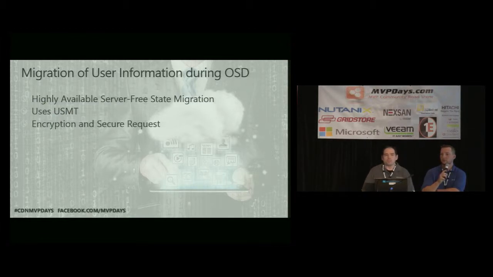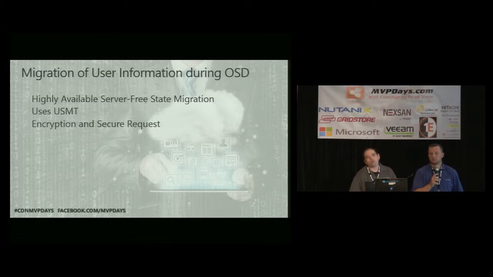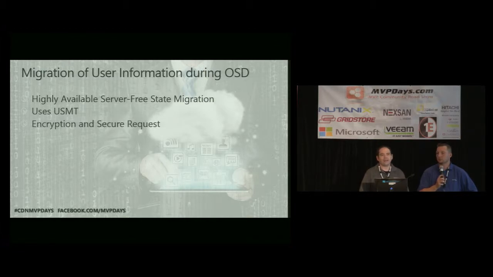Okay, so for the migration of user information, we needed to still have a highly available solution, but it needed to be server free. One of the other problems with using BranchCache as your software deployment mechanism is it can't hold state migration data. Configuration Manager needs a state migration point for that, and it can't do that on a BranchCache appliance.